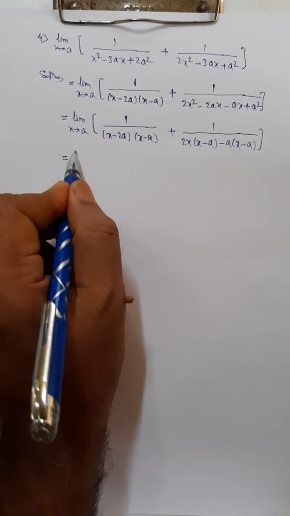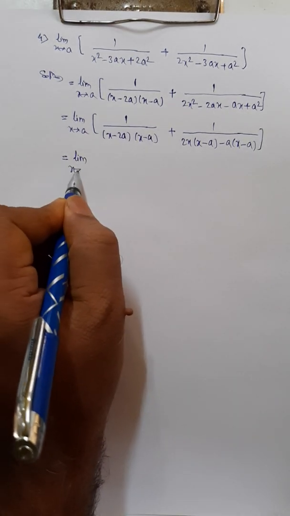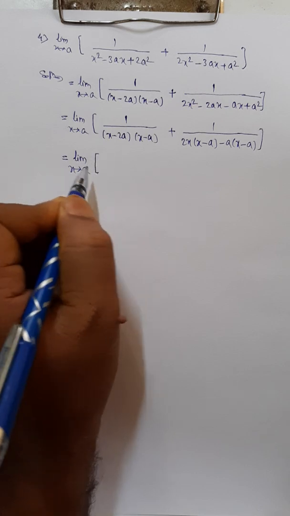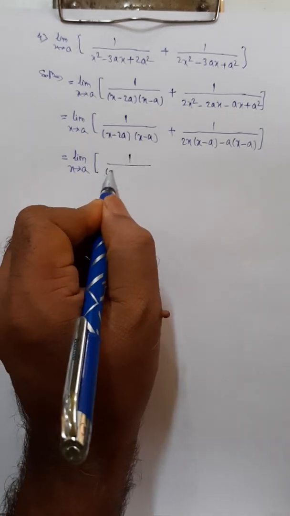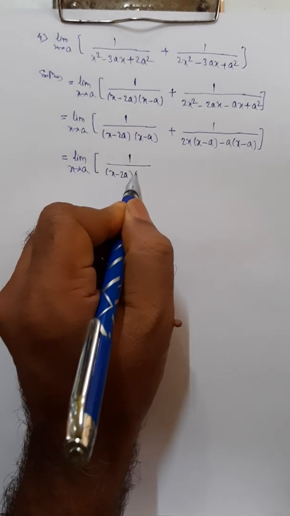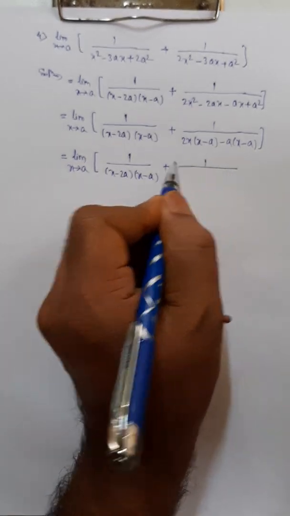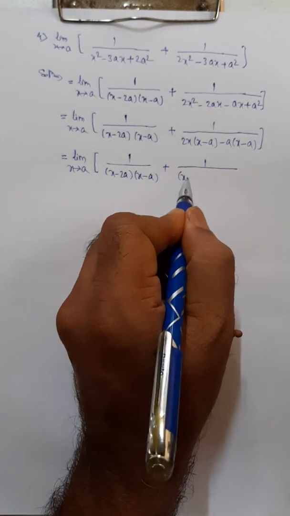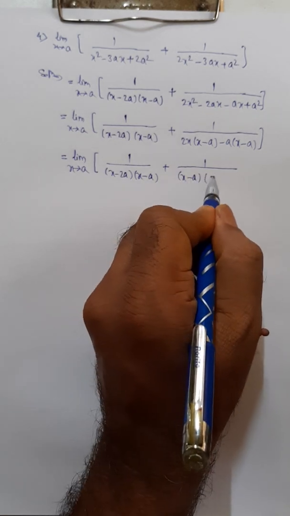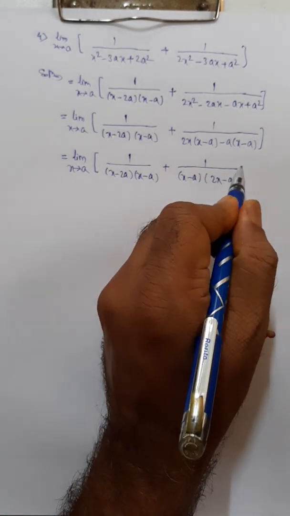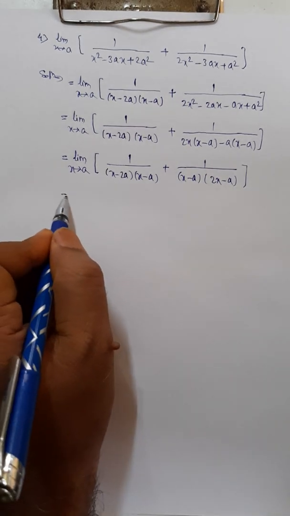So it is equal to limit as x tends to a, 1 divided by x minus 2a into x minus a, plus 1 divided by, here we can take x minus a common, second bracket 2x minus a, and then take LCM.